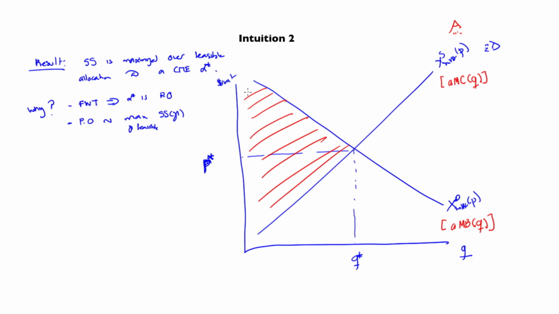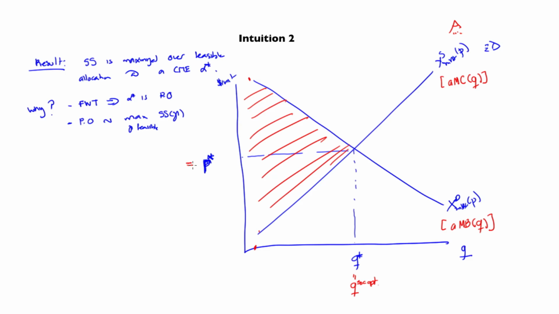Why? Because it cannot be down here: at this point, the aggregate marginal benefit exceeds the aggregate marginal cost, so you could increase total well-being by producing another unit. So this point is also the point that is socially optimum, in the sense of maximizing social surplus.